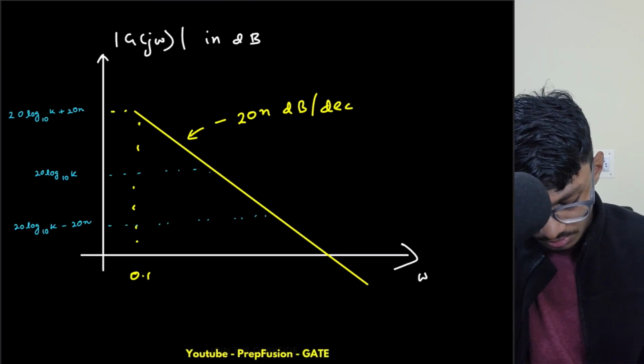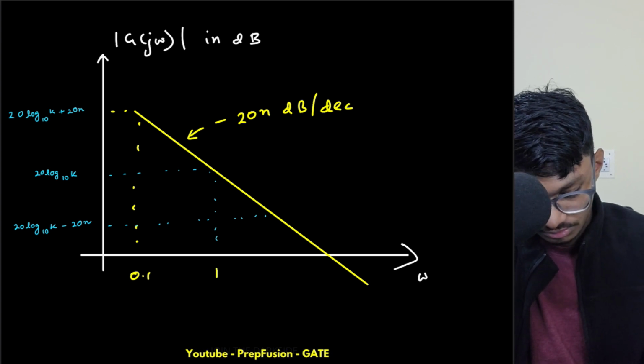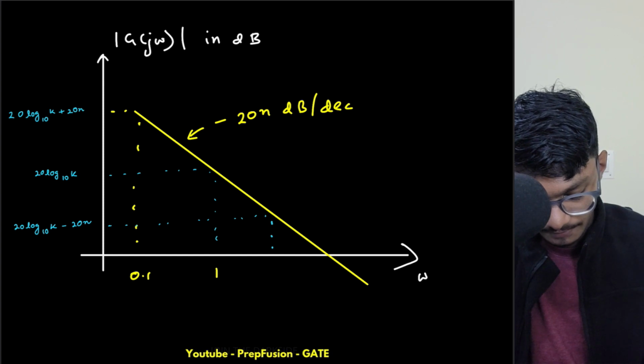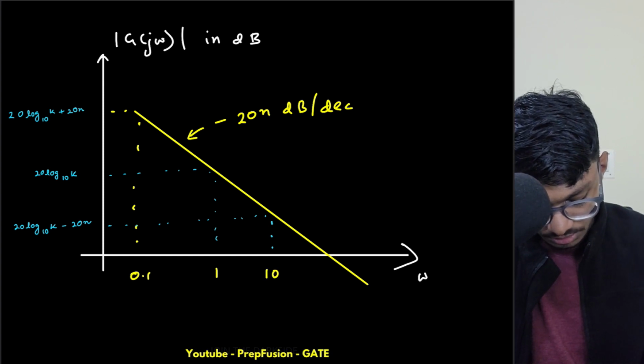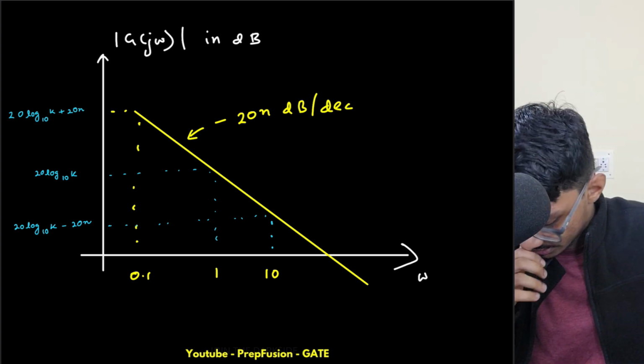Okay, so this is 1, and this is how much? 10. Okay, so 0.1, 1, 10. So all these things are fine.